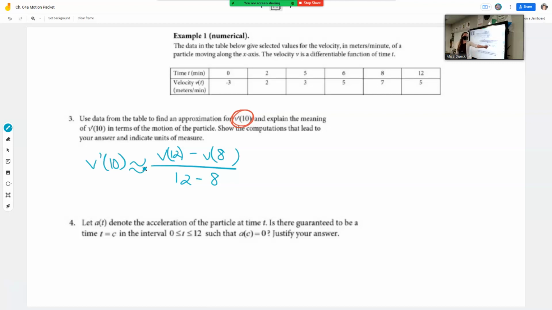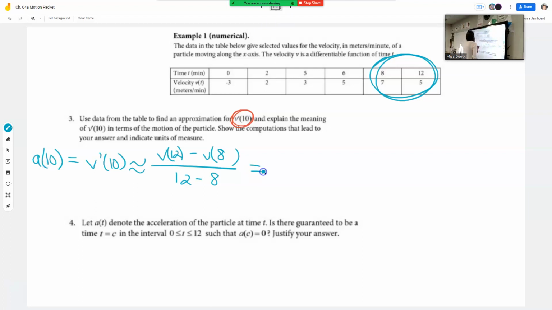But the best thing I can tell you from this little snapshot of information is, well, I know what's happening between 8 and 12. So theoretically, the best I can approximate at 10 is that average. So to think of acceleration, which is the whole reason I had to take away what I just talked about because I wasn't talking about velocity, the slope approximates acceleration.